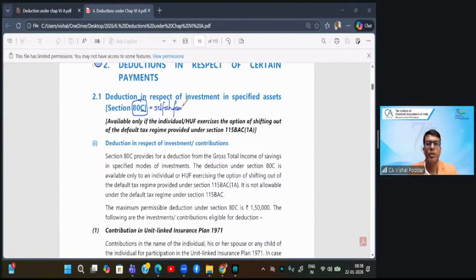This section allows deduction for payments made for the selfish family. What is the selfish family? See, earlier, our traditions have always believed in combined living. So we had joint families.